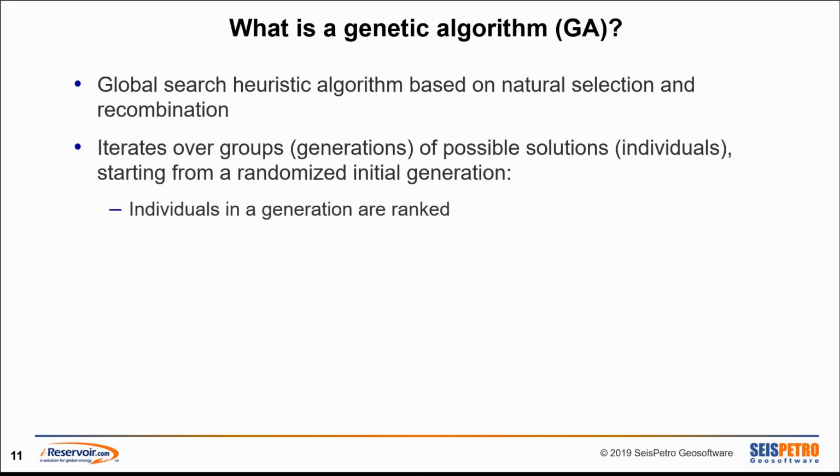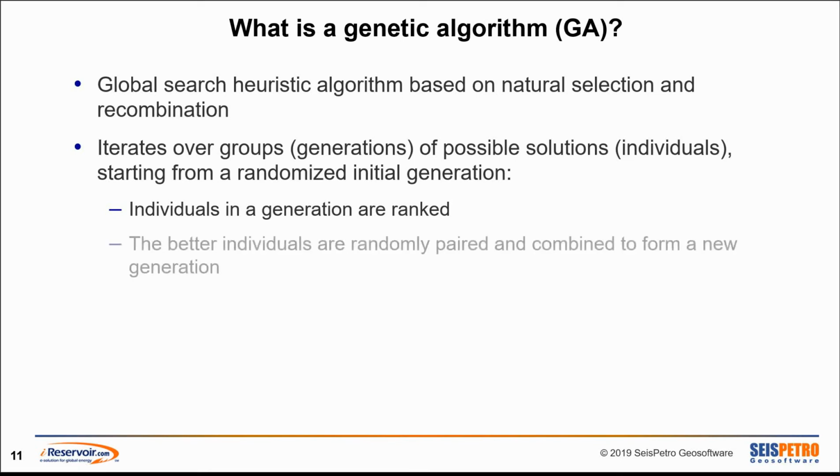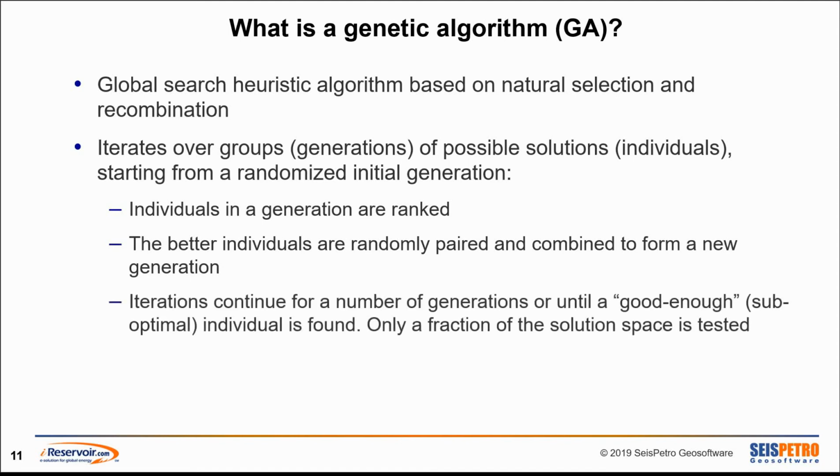For this type of algorithm, the individuals in the generations are ranked, and we always keep the best individual from one iteration to the next. The better individuals from each generation are randomly paired and combined to form a new generation, and the iterations continue for a number of generations or until what we call a good enough solution or individual is found.